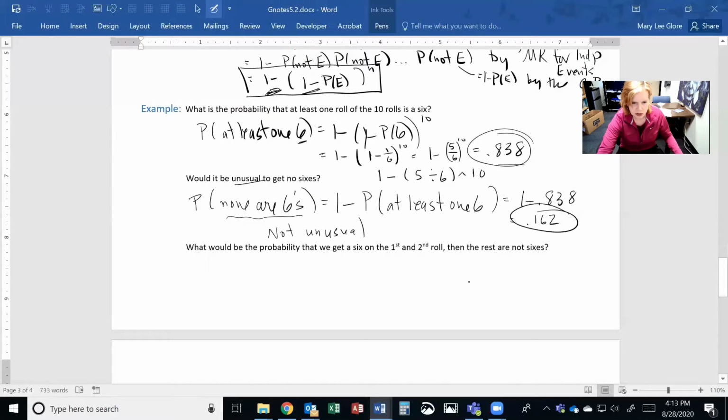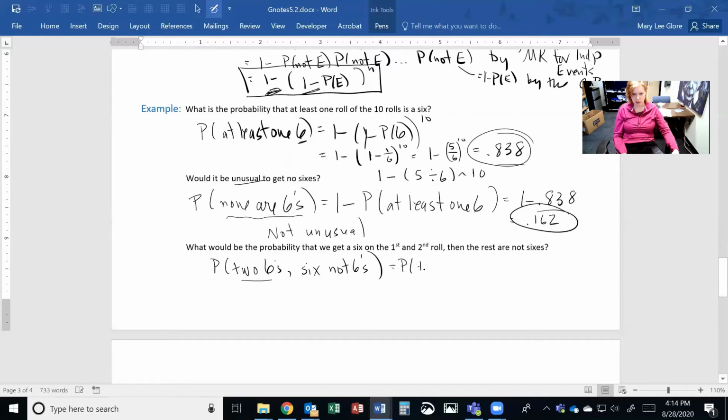All right, so it says, what would be the probability we get a 6 on the first and second roll, then the rest are not 6s? All right, so we got probability of 2 6s, and then the rest, and we're rolling 10 times, so then 8 not 6s. Since these are independent, this is going to be the probability of 2 6s times the probability of 8 not 6s.